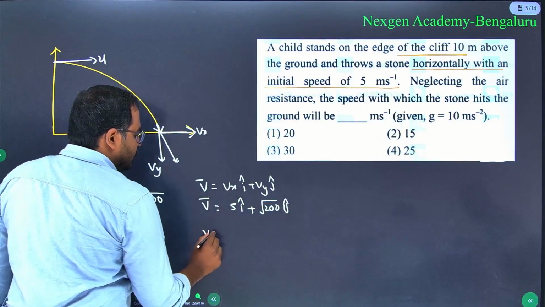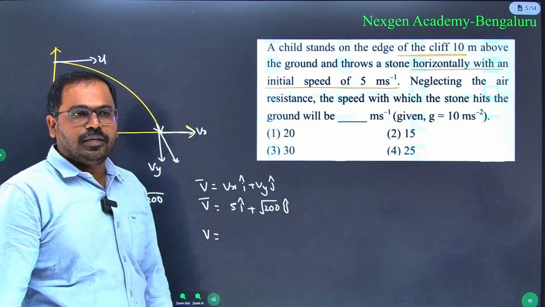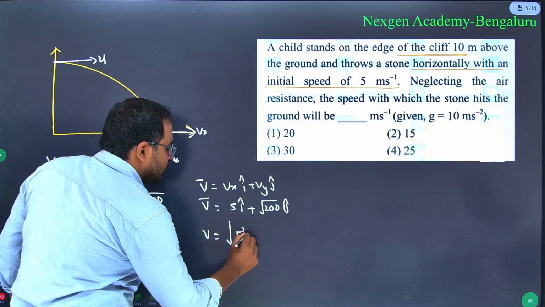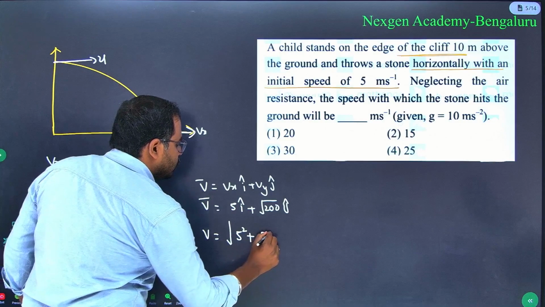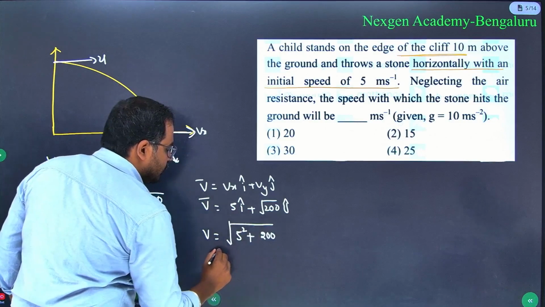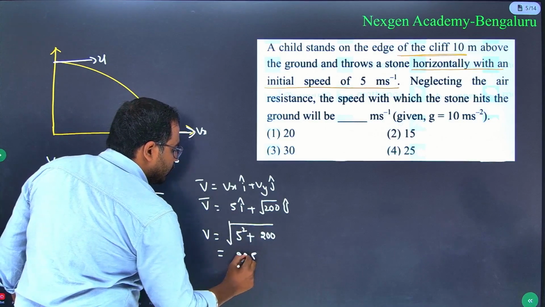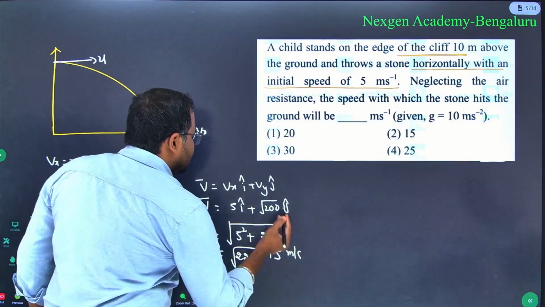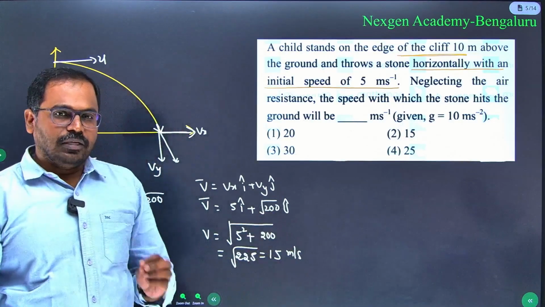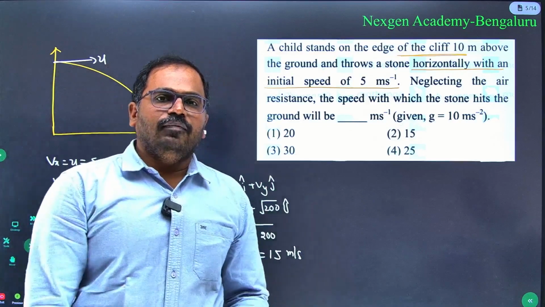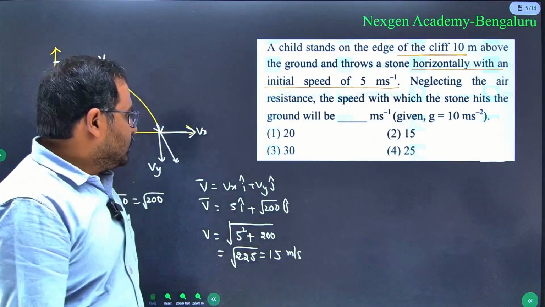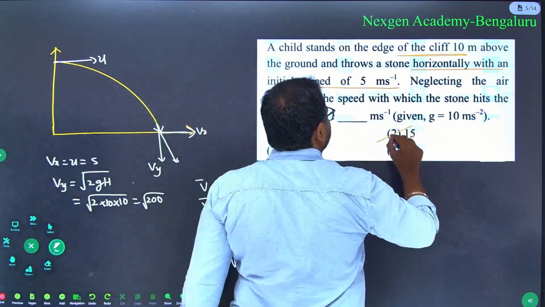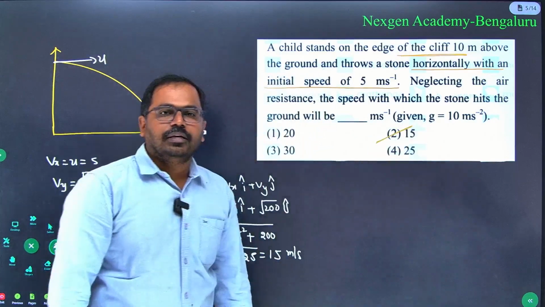So magnitude wise, V is equal to square root of 5 square plus 200, square root whole square becomes 200, which is equal to square root of 225, that is equal to 15. 15 meter per second is the speed, because they are asking speed, not the velocity. If it were velocity in vector form, we would have stopped there. But here, magnitude they are asking. So the answer is 15 meter per second.